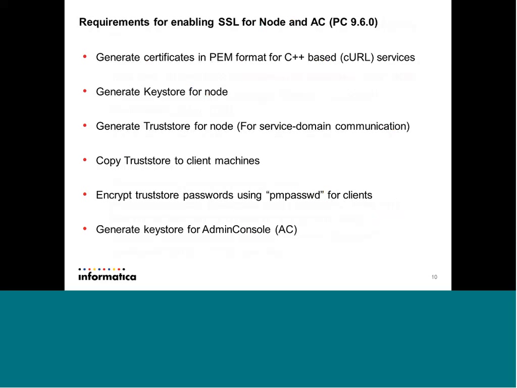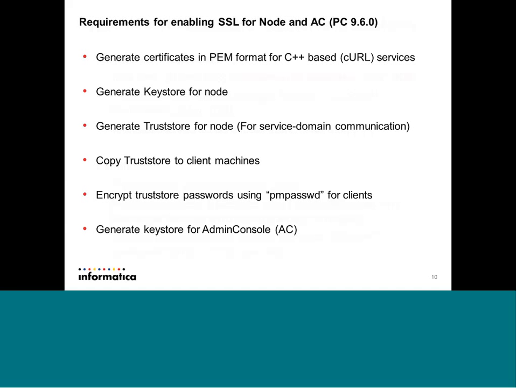We could ideally generate key stores and trust stores once, distribute the copies across multiple nodes, and then update the nodes to point to these key stores and trust stores. Generating key stores and trust stores is one step, and then distributing them across multiple nodes is the second step. But for generating the PEM format and JKS format, there are multiple steps. I'll go into the details of each of those steps.